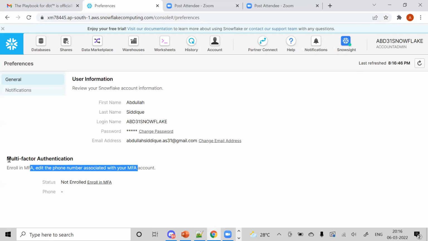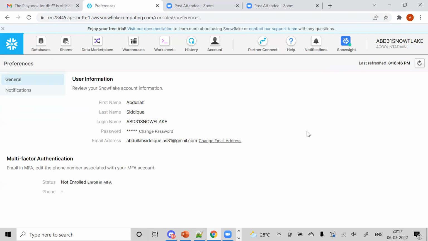This is nothing very difficult. It is similar to the OTP that you receive. You have to enroll for your MFA through a third party agent. Once we cover this topic, I will let you know. But just to give an idea that there are a few security authentication methods provided by Snowflake.